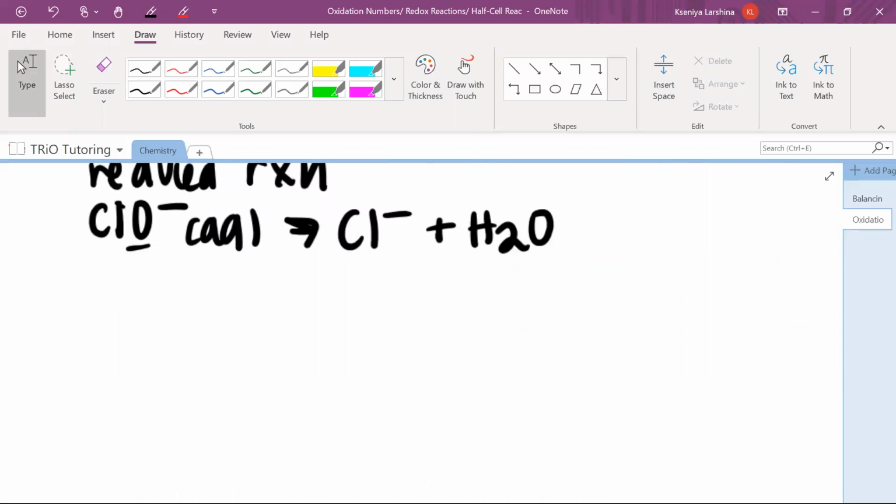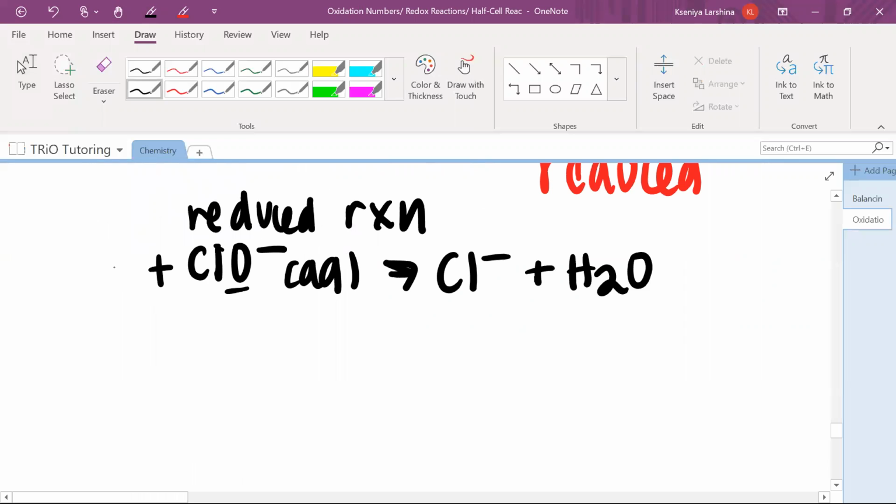So add 2 H plus because we have 2 waters.